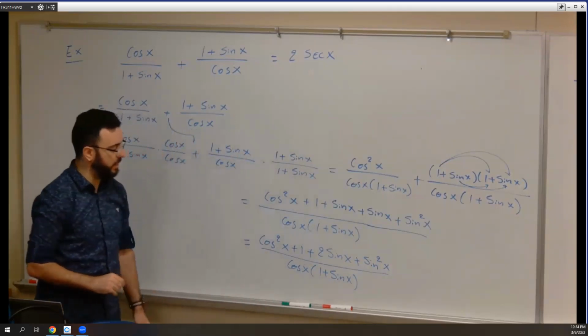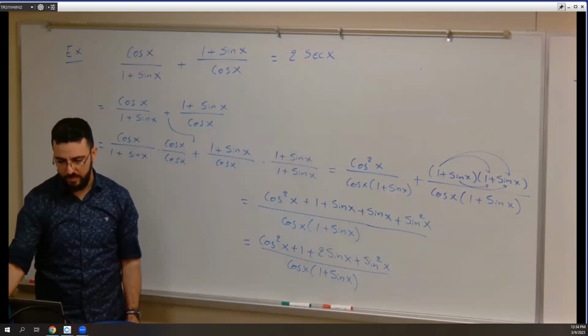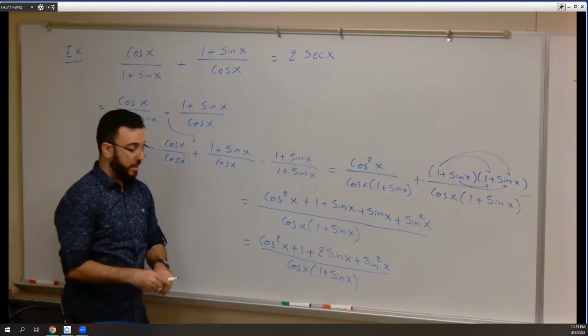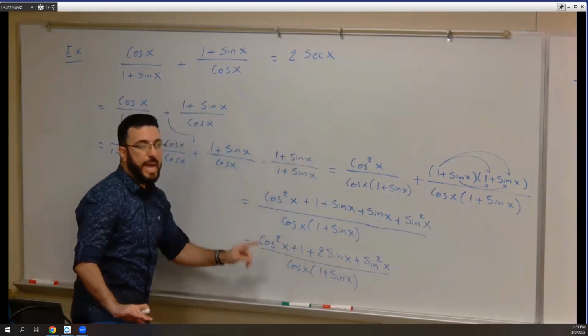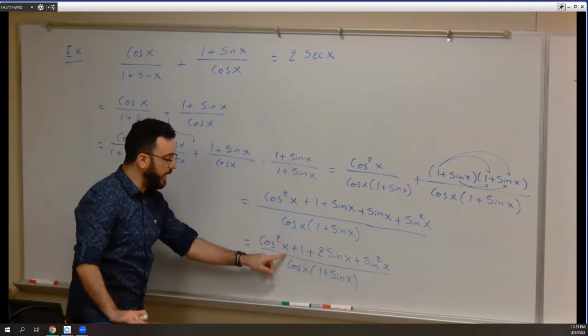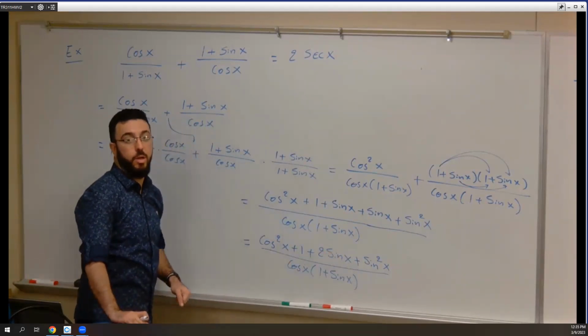Now, who's going to tell me the next step? This is addition, okay? Cosine square x plus sine square x equals what? Equals 1.